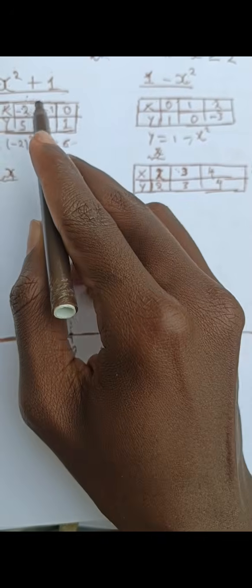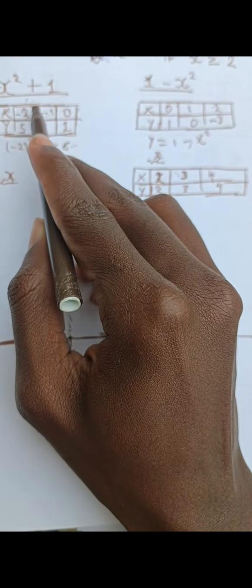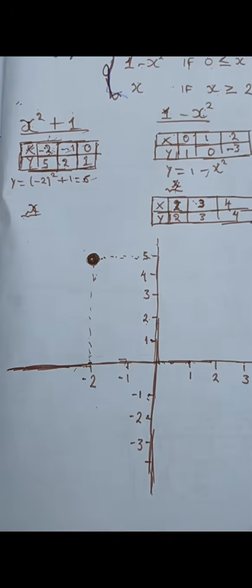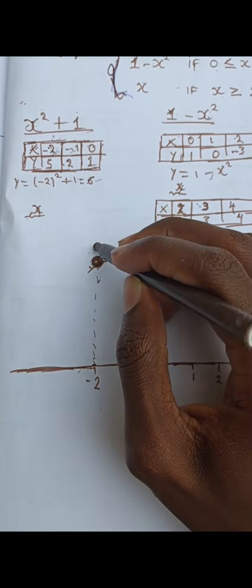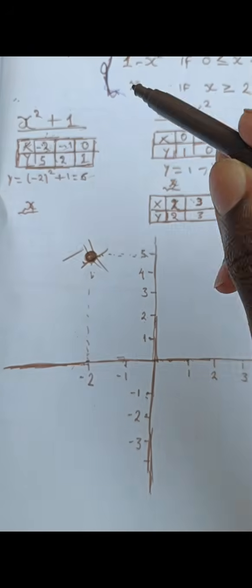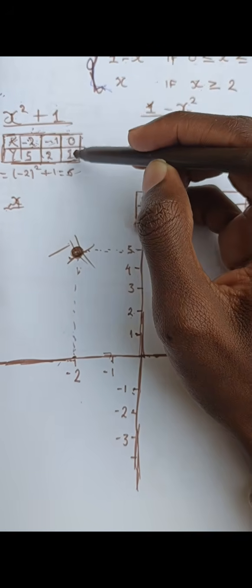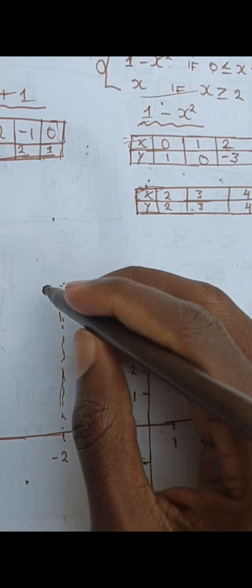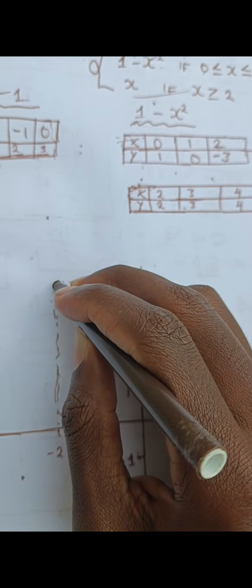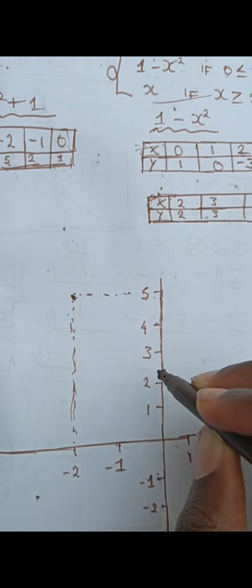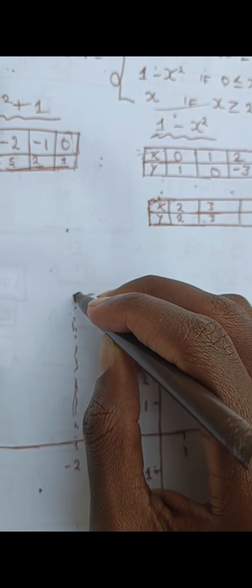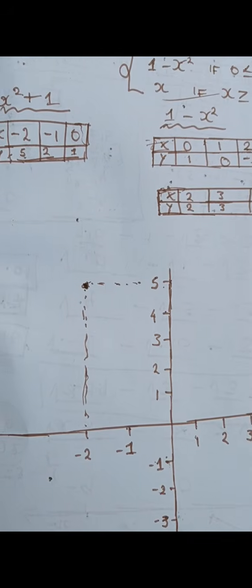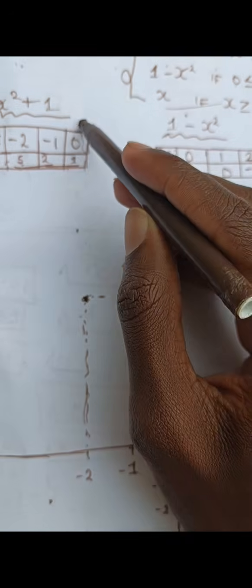Oh no, this one is not the one you're going to shade. The one that we are going to shade is this one. Let me draw the graph again. I'm just going to put a small circular dot, not the big one. That big dot is going to be put on this one.